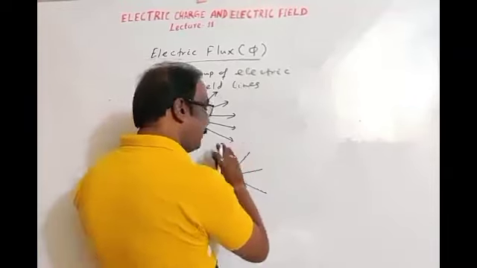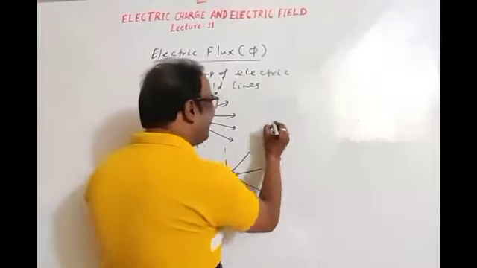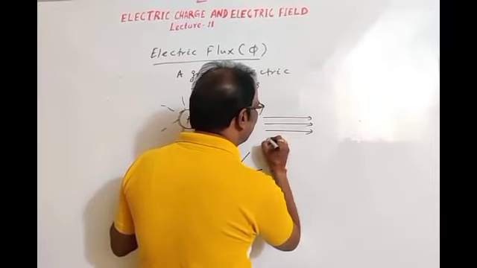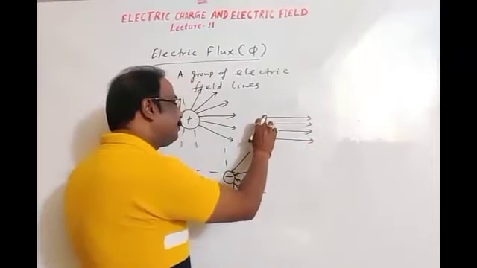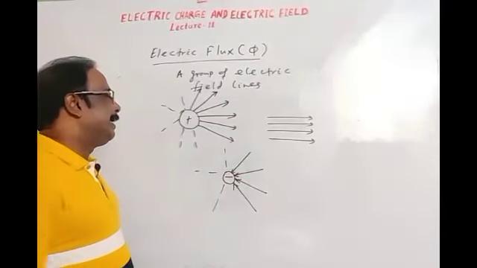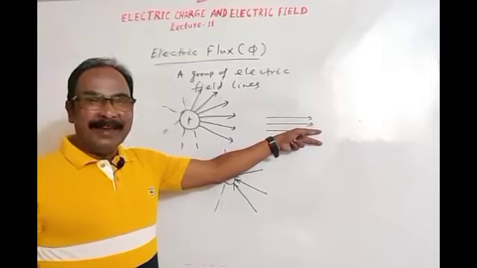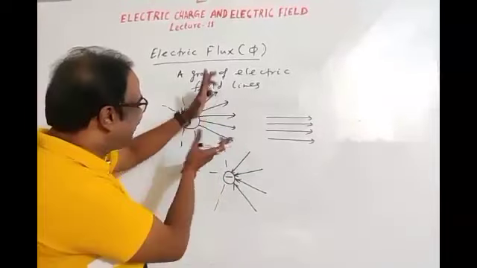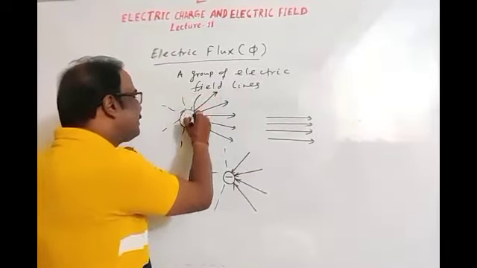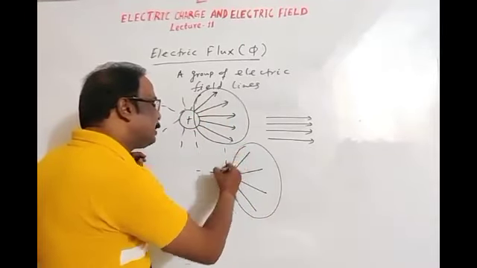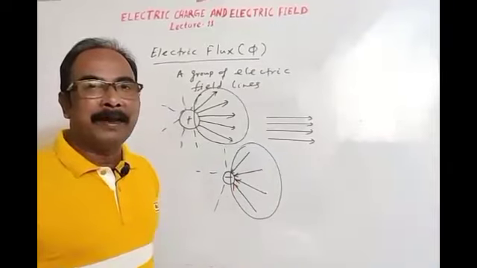But in a symmetric way, these are parallel electric field lines where electric field is uniform. So, parallel electric field lines, divergent electric field lines, converging electric field lines.